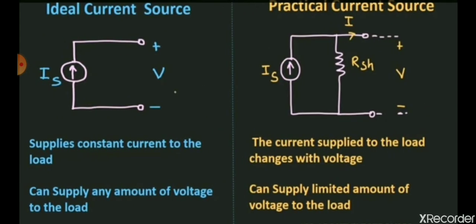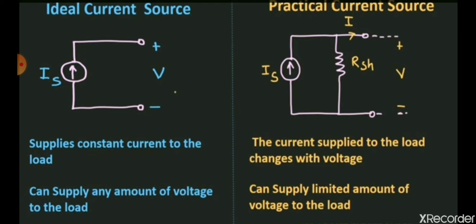So we can revise the ideal current source and practical current source again. In ideal current source, it has no internal resistance, or we can say that it has infinite internal resistance. And in practical current source, it has an internal resistance which has some value, and this internal resistance is always connected parallel to the current source.